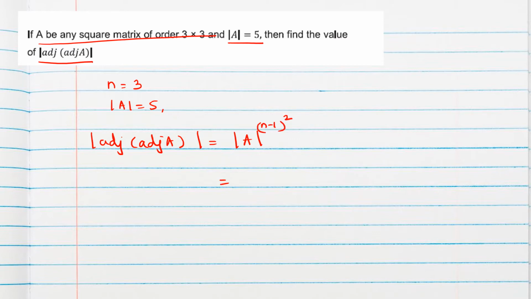Okay, so determinant A we know here, n we know, we can substitute the value. This will be 5. N minus 1 means 3 minus 1 square. So 3 minus 1 means 2 square. So 5 power 4 will come. 5 power 4 means 625. 25 into 25. So 625.